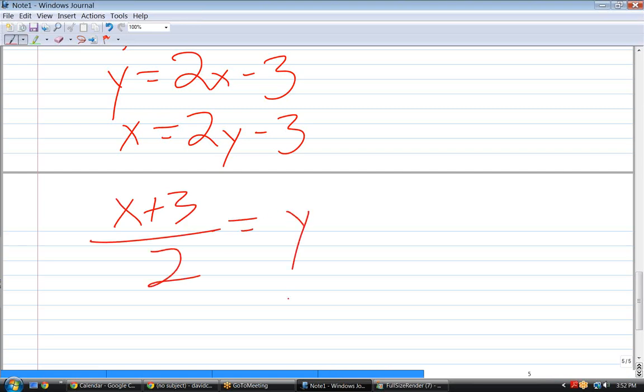And you can do those steps in either order. In other words, you could solve for x and then interchange the variables. But I think it always makes sense to memorize something and do it the same way every single time. So the way I memorize finding an inverse is you switch the variables and solve for y.